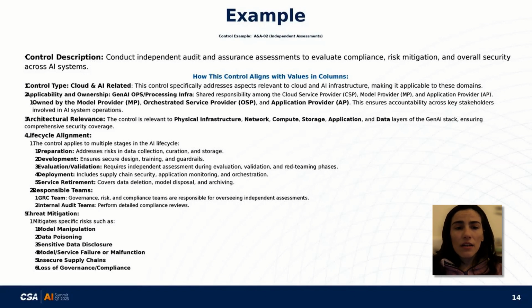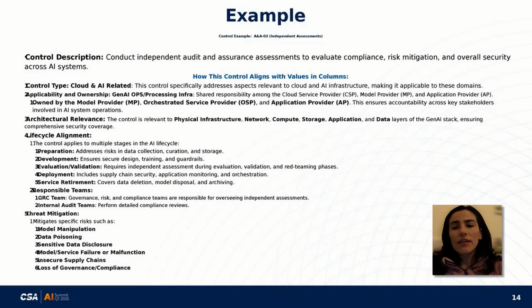And then the rest of the values describe that this control, for example, is cloud and AI related, which means that it addresses risks in both domains. The applicability and ownership is shared between the cloud service provider, the model provider, and the application provider. When it comes to architectural relevance, it is relevant to the physical infrastructure, to compute, storage and data layers of the Gen AI stack.